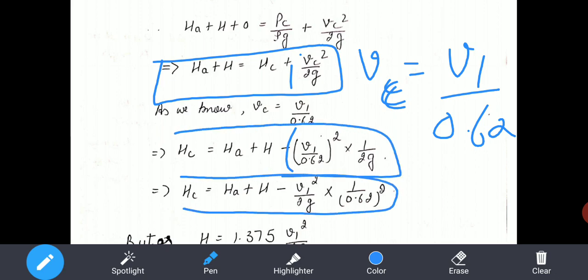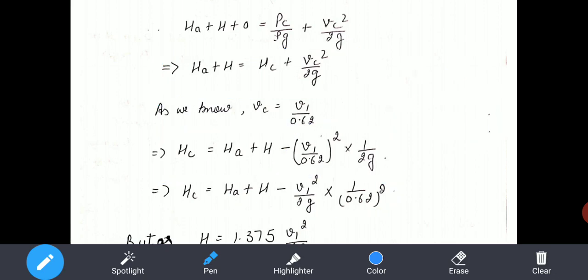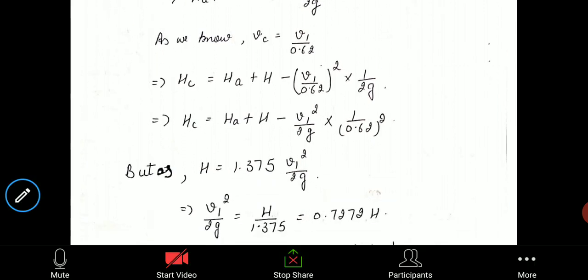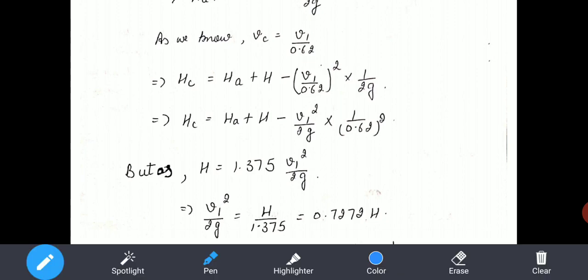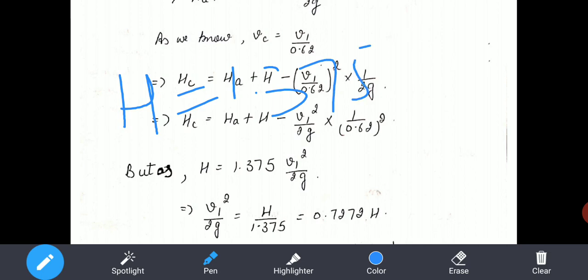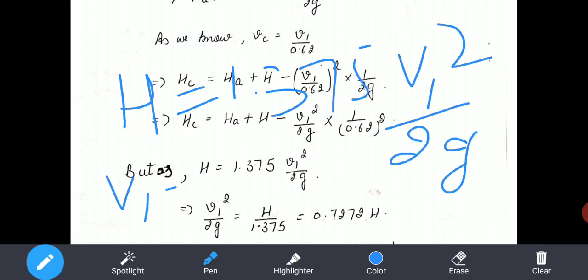After substituting the value of Vc, we finally obtain this equation. Also, when we were deriving, we found H from where we determine V1, which is 0.855 under root 2gh. In the previous derivation we obtained the relation, as I will show you, that H is equal to 1.375 V1 square upon 2g, from where we obtain V1 equal to 0.855 under root 2gh.